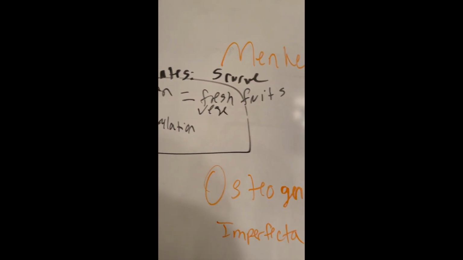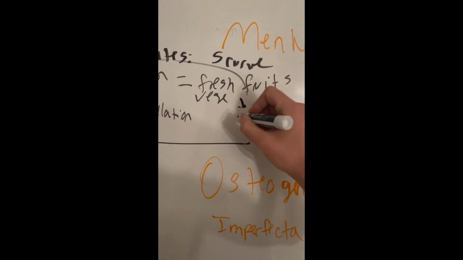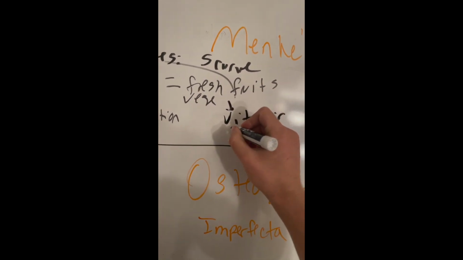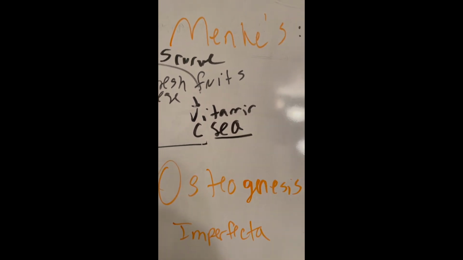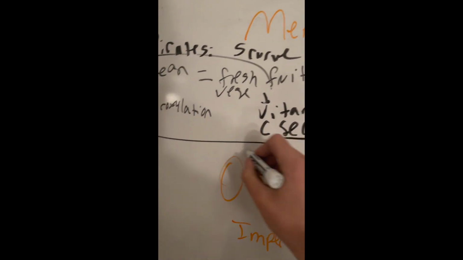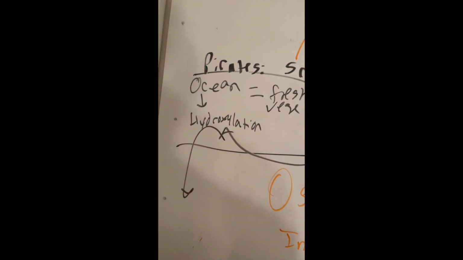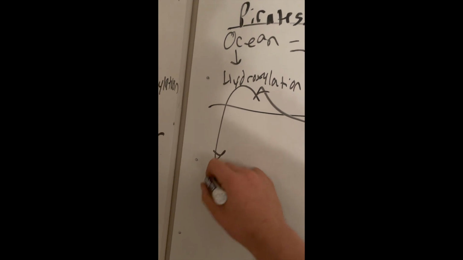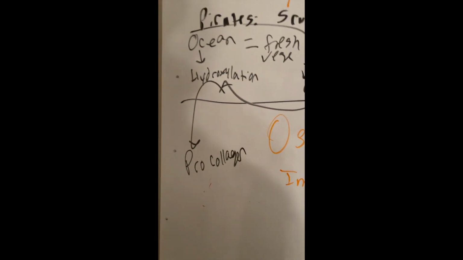No. If they don't have fresh fruits or vegetables or citrus fruits, they don't have vitamin C. Why? They're stuck at sea, so they're deficient in vitamin C. Okay, if they don't have vitamin C, we can't do hydroxylation. If we can't do hydroxylation, we can't form what? Pro-Collagen. And that's going to be scurvy.